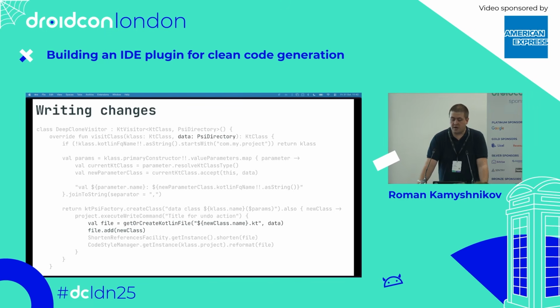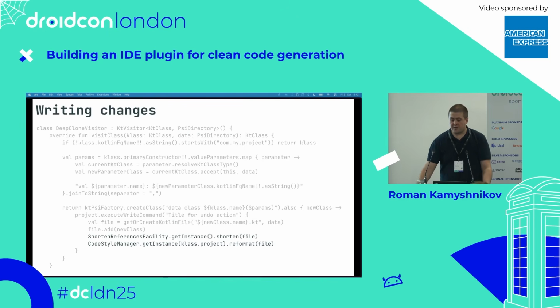Once we have the right permission, there is a very handy library function to get or create a Kotlin file. We just need to pass the name and the data, in this case, the PSI directory or folder where we want our code to appear. And at the very end, we just need two things. We will be shortening the references, and this will cause the IDE to go over the whole file.